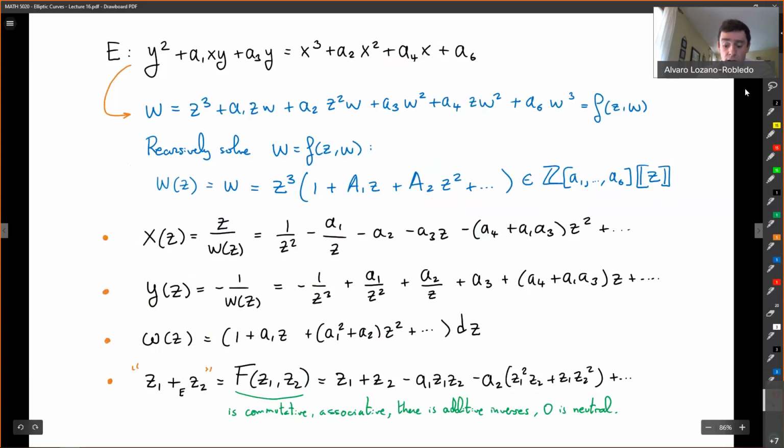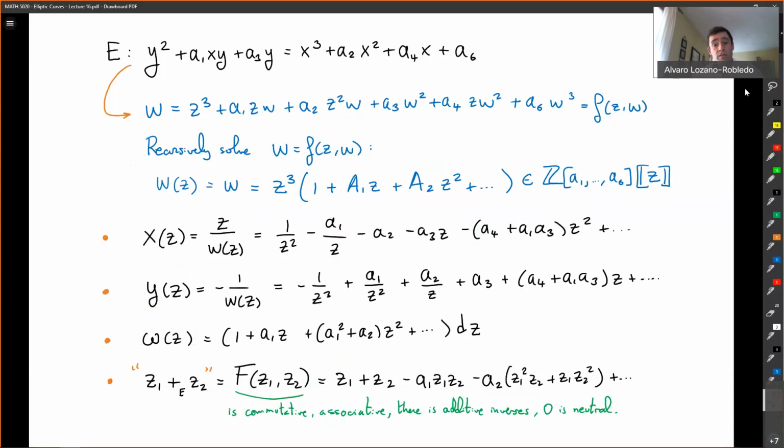And then we get an expression for the addition of two z values, which was what I was after. And that gives me a power series now in two variables. This is the beginning of the power series. It starts like that: z1 plus z2 plus terms of higher order.